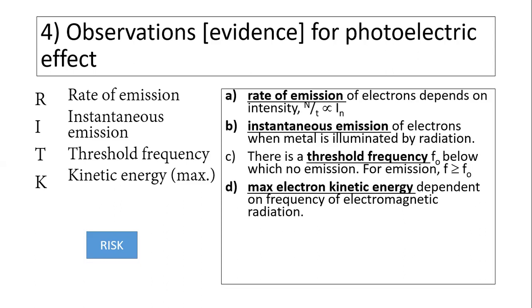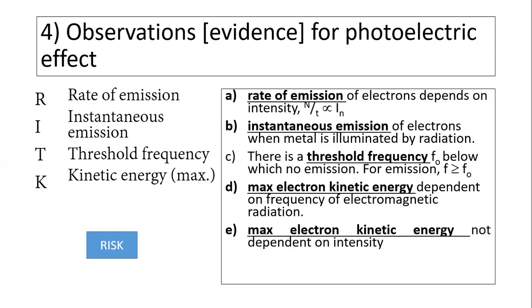Maximum electron kinetic energy depends on frequency of electromagnetic radiation. Maximum electron kinetic energy does not depend on intensity. Depends on frequency, but not intensity.